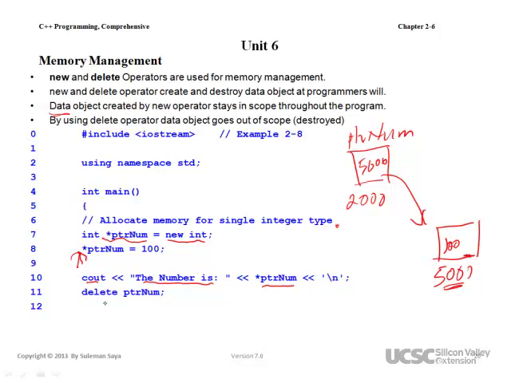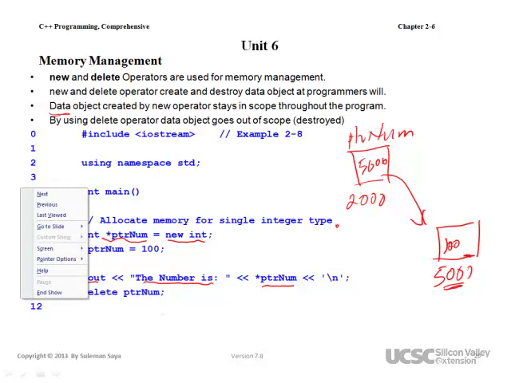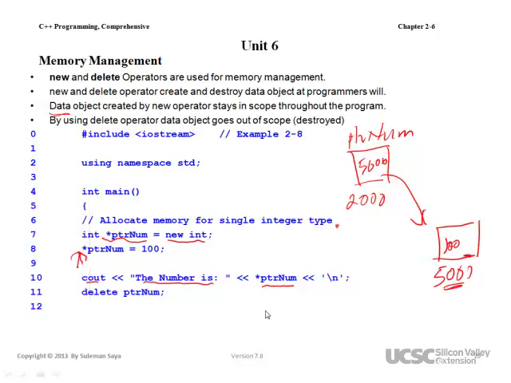Now line number 11 shows that I'm using a delete operator on the ptr num. So ptr num for us is the allocated memory in the heap, which we did at line number 7.